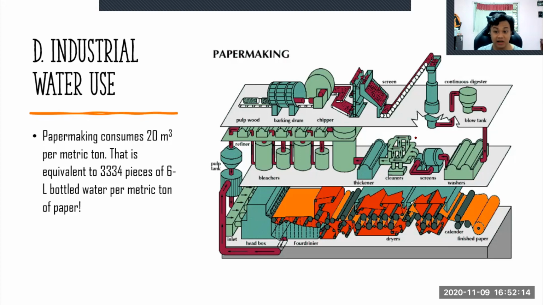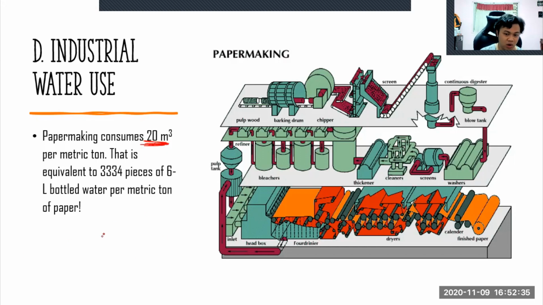I can't relate to how laptops are being made, but I can relate to how paper is being made because I have gone to a paper making company during our plant tour. As you can see, guys, paper making consumes 20 cubic meters per metric ton.